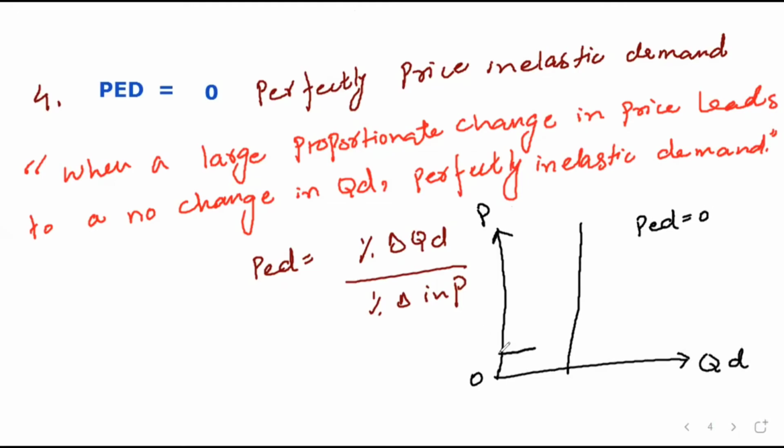As you can see, whether prices increase or decrease, quantity demanded will be the same. There will be no effect on quantity demanded. That's why it is called perfectly price inelastic demand.